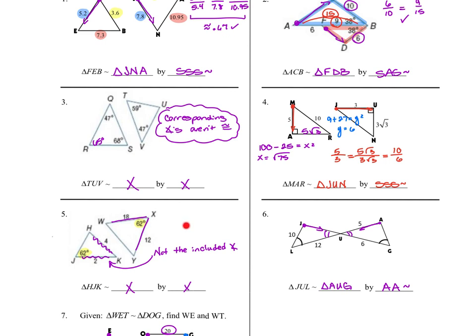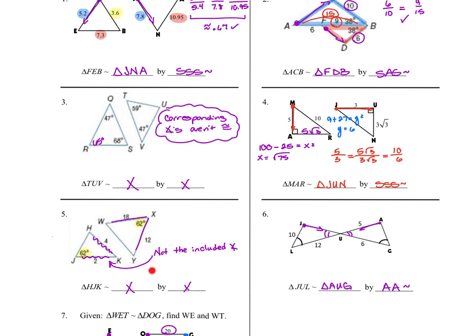If we're looking here, we can see that we have a corresponding angle of 62 and another corresponding angle of 62. If we go to look at our sides, we would notice that although we have sides that are marked off, the angle is not the included angle, and so therefore this cannot be side, angle, side.